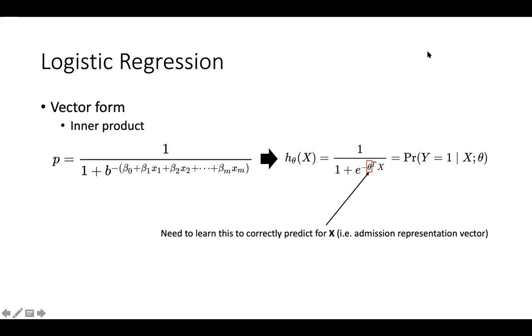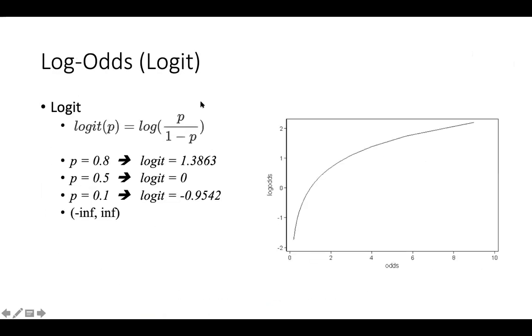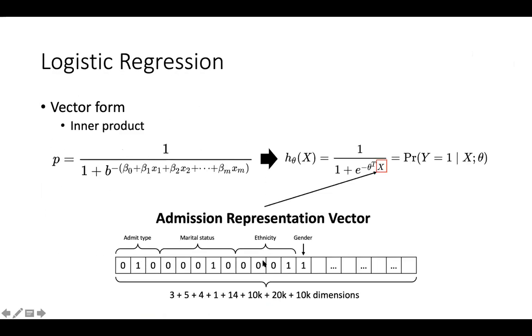There's a question: isn't it possible to include continuous values in the vector? Yes, obviously, that's a good question. These values are all categorical, or actually they were. Admission types, marital status and ethnicity, we defined them to be categorical values.